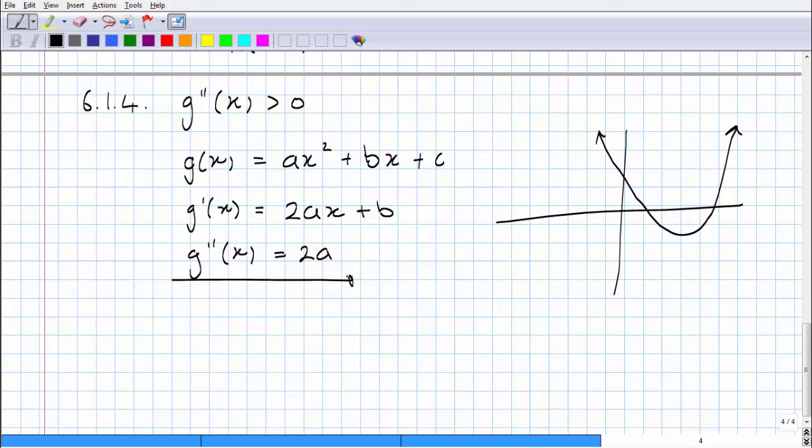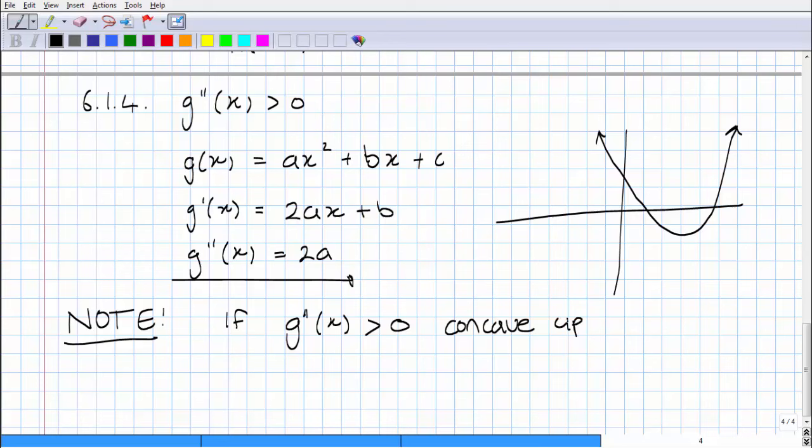And what this tells us is, if you remember correctly, the second derivative tells you the concavity. So just a note on concavity here. If the second derivative, so g double dash of x, or f double dash of x, or whatever it is, is greater than 0, then we have concave up.